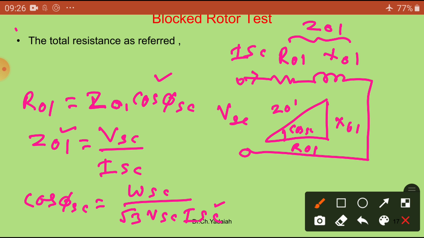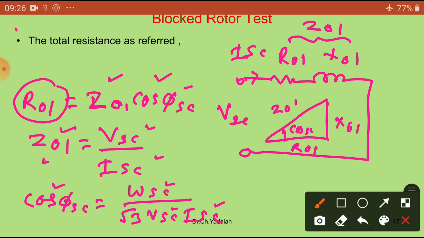So, from the ammeter, voltmeter and wattmeter readings, I calculated cos phi SC, and from the voltmeter and ammeter readings I get the impedance value Z01, and with this I am going to get R01.